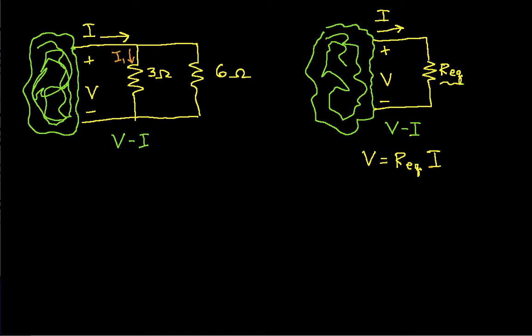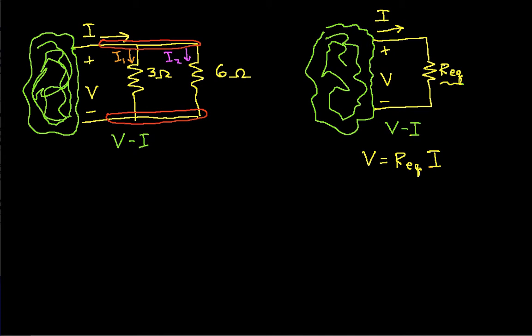So we'll call this I1, the current through the 3 ohm resistor, and I2, the current through the 6 ohm resistor. We know that the voltage across both resistors is the same because they are both connected between the same two nodes. That's also how we know that they're parallel resistors: resistors are parallel if they're connected between the same two nodes.